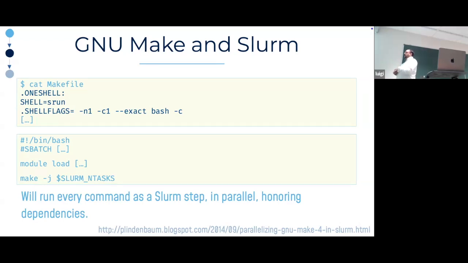Okay, so just like we've seen before with a --exact, here you can take a make file which was designed outside of Slurm and put a small header like this, and all of a sudden it becomes Slurm compatible, and it will do everything inside of a Slurm allocation and distribute the work to the processes, to the CPUs that were allocated to the job, honoring the dependencies between the recipes.